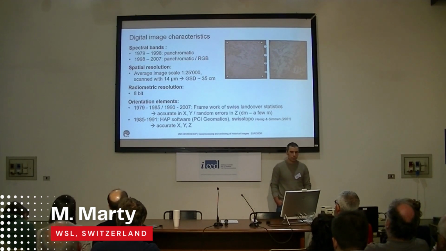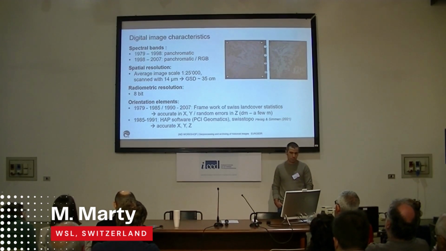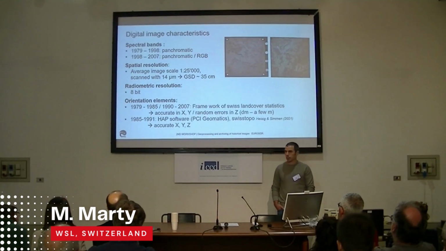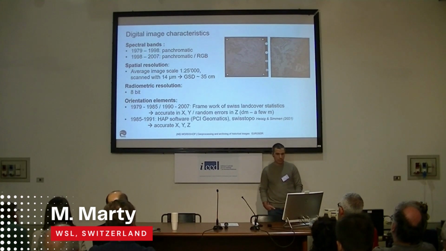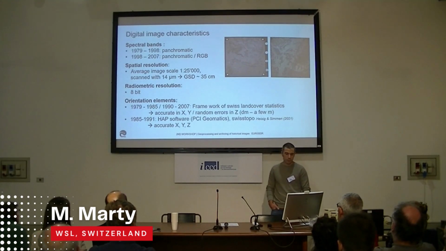Then the radiometric resolution is 8-bit, and we received all the images already joined by orientation elements, so we didn't do any orientation. The first, the third, and the 4th acquisition was oriented in the framework of the Swiss land cover statistics, because they used it for their survey, and they are quite accurate in X and Y position, but show random error in height orientation.